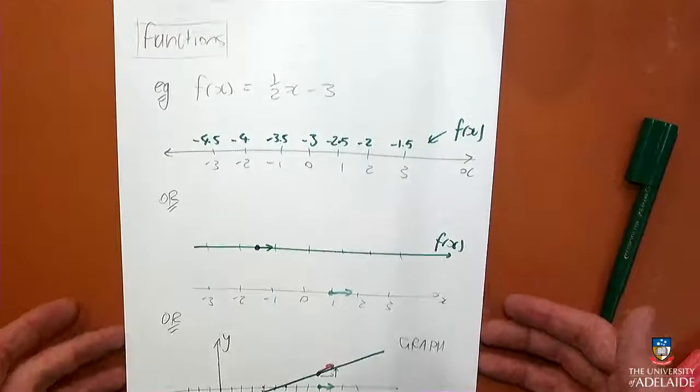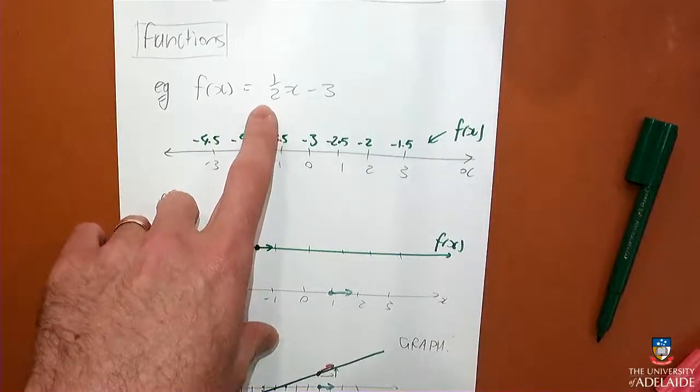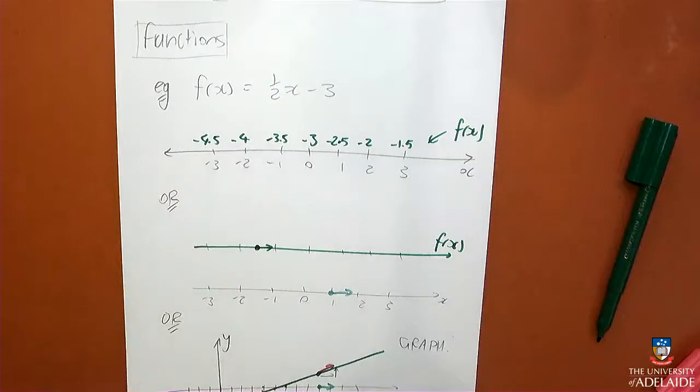It might be describing how the temperature moves as time moves forward, or how the population changes as time changes, or literally what the height of a ball is when you throw it, or it might not have anything to do with time at all. It might be describing, for example, how many drownings there are at a beach based on the temperature. Okay, so all of these sorts of things can be done, and we're interested in how quickly they move.